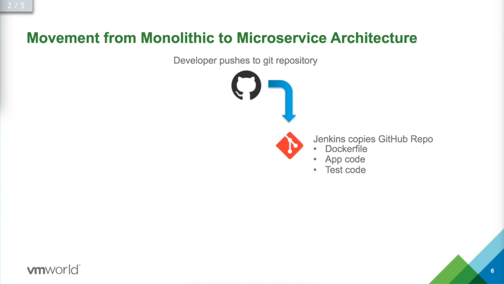The trigger requests Jenkins to copy the GitHub repository locally on the CI server. Files like Dockerfile, application code, and test code are now available locally on the Jenkins nodes.